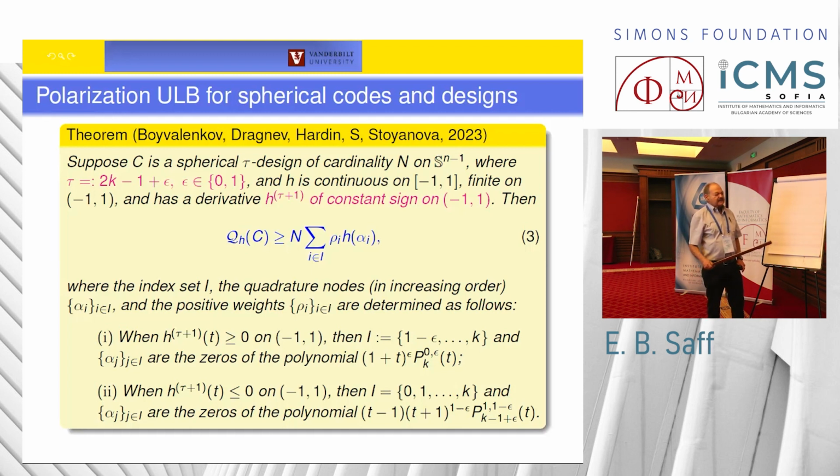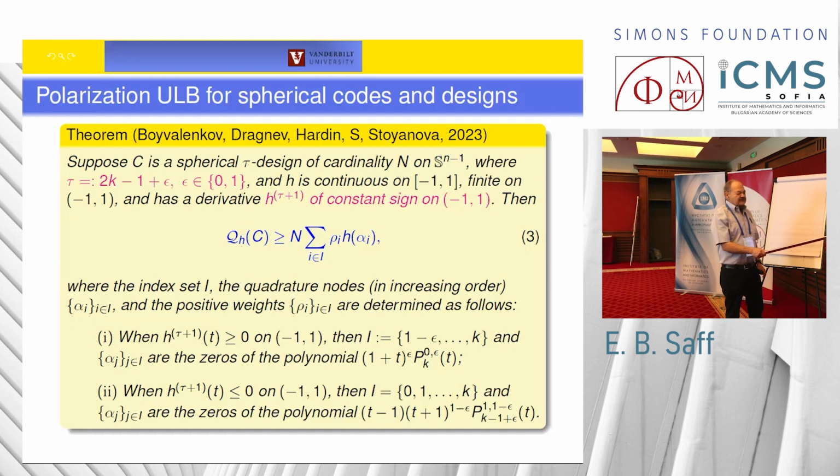More precisely, these quadrature points, depending on whether this constant sign is positive or negative, we take the zeros of either this polynomial, which is just perhaps an adjacent polynomial if epsilon is 1, or just the polynomial itself.